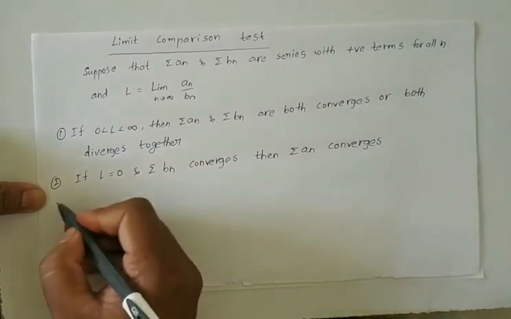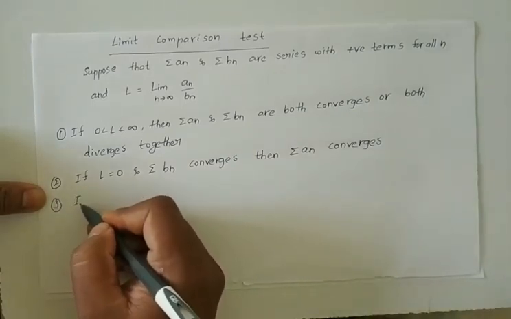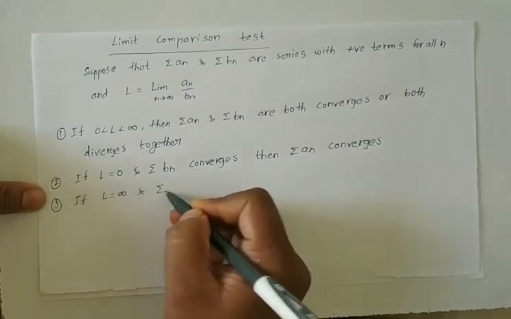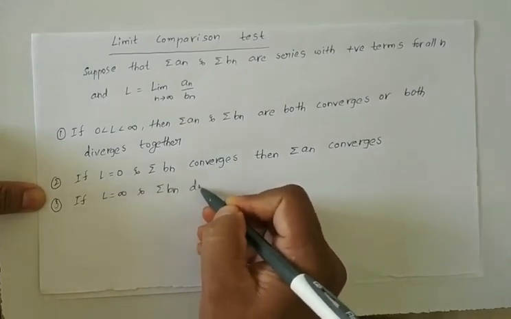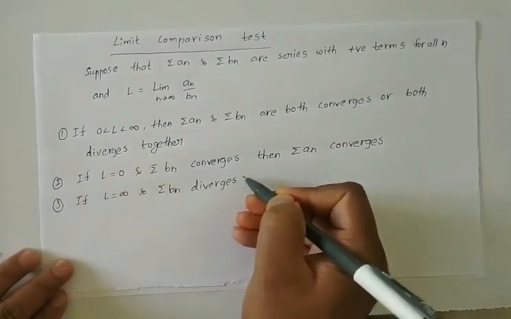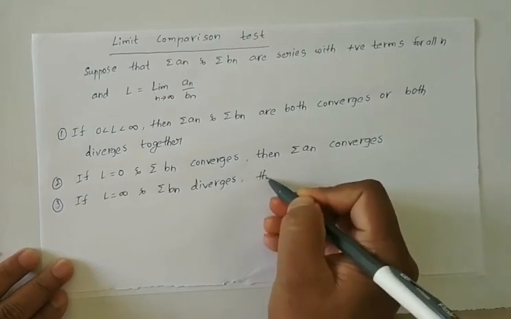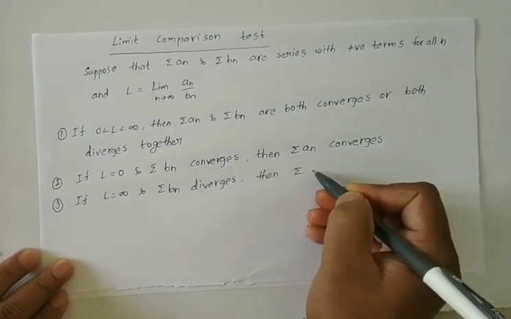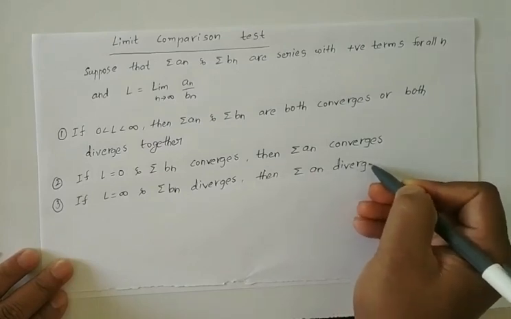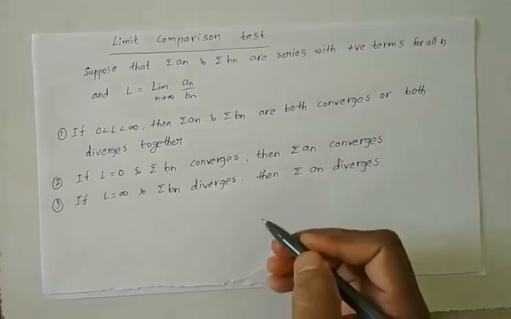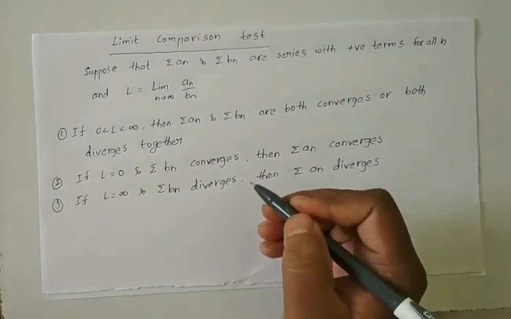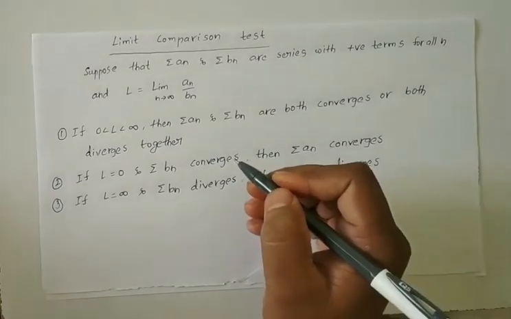Okay, third one, if L is equal to infinity and summation bn diverges, then summation an diverges. Okay, so this is the statement of this limit comparison test.